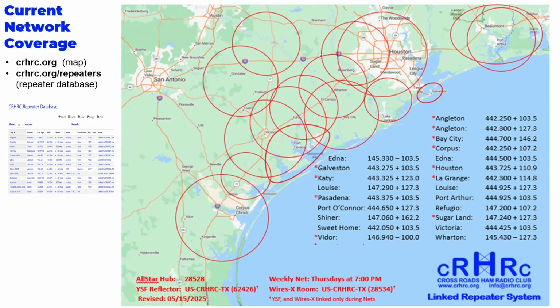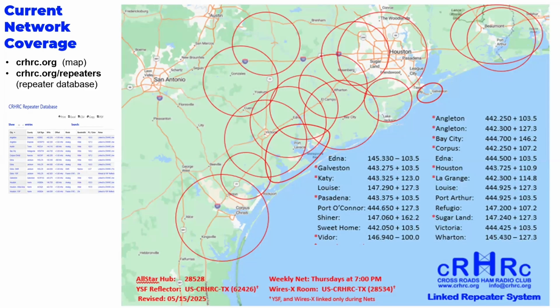Okay, so our current network coverage: we have multiple repeaters that are analog that are connected to a hub node. The All-Star hub is 28528, and that is an open hub and allows connections for All-Star.